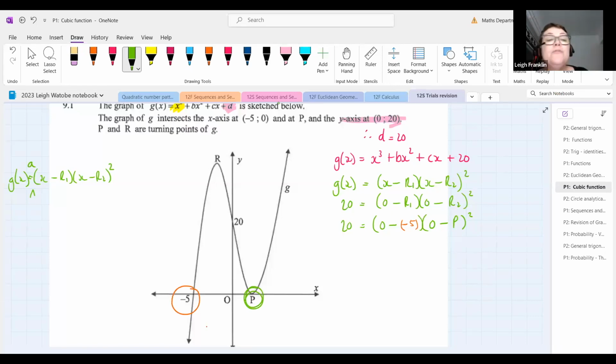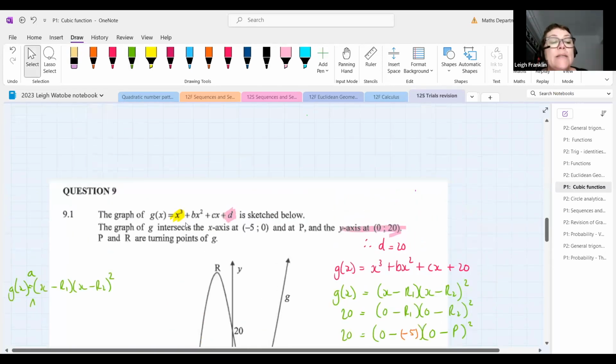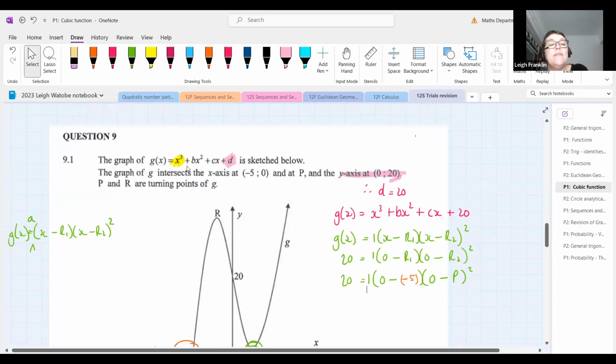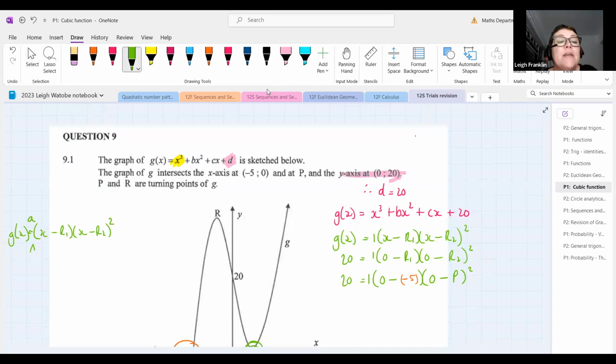But they've told us up here, highlighted in yellow, that this is a 1 in front. So it's not going to make any difference. We should never assume that A is equal to 1, but in this case it is given because in front of this x cubed there is an invisible 1. All right, so now let's multiply out our brackets.